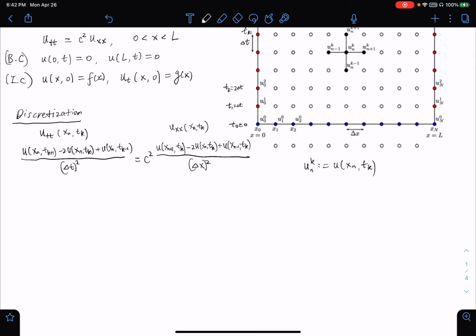Okay, now let us do some algebra and try to relate the value at time step tk plus 1 to other values. After this algebra, you'll get this equation.